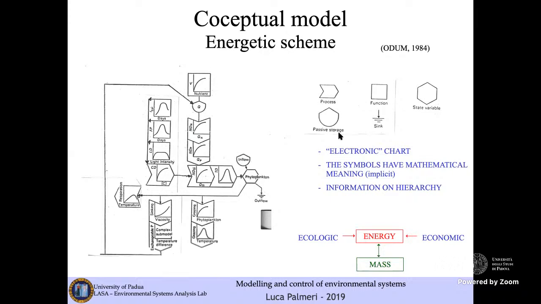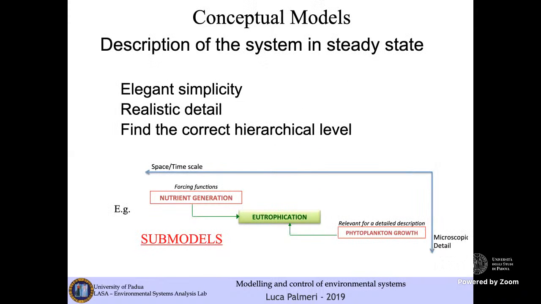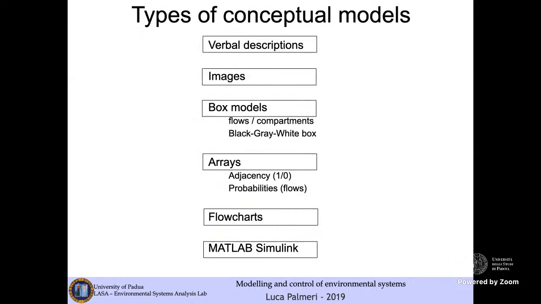And then by building this kind of schematization, you also have information on the hierarchy of different processes. In this schema, for example, nutrient load generation belongs to a higher hierarchical level than the eutrophication process. So nutrient generation belongs to a higher hierarchical level.